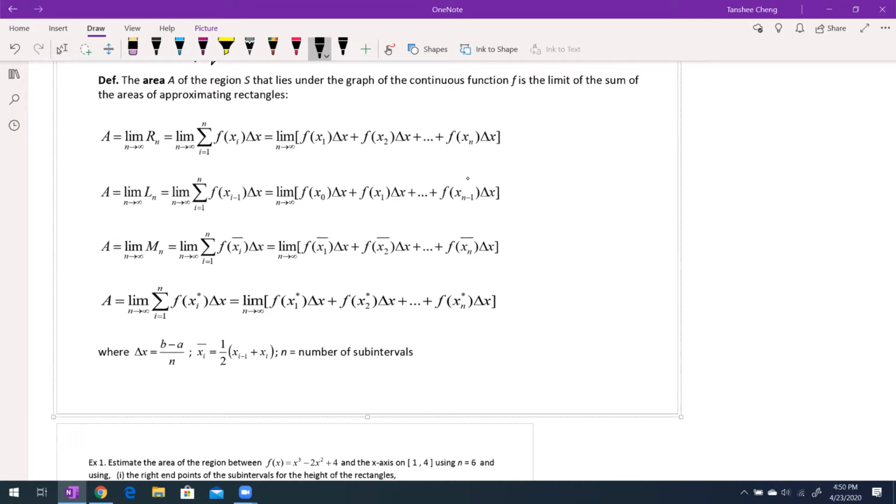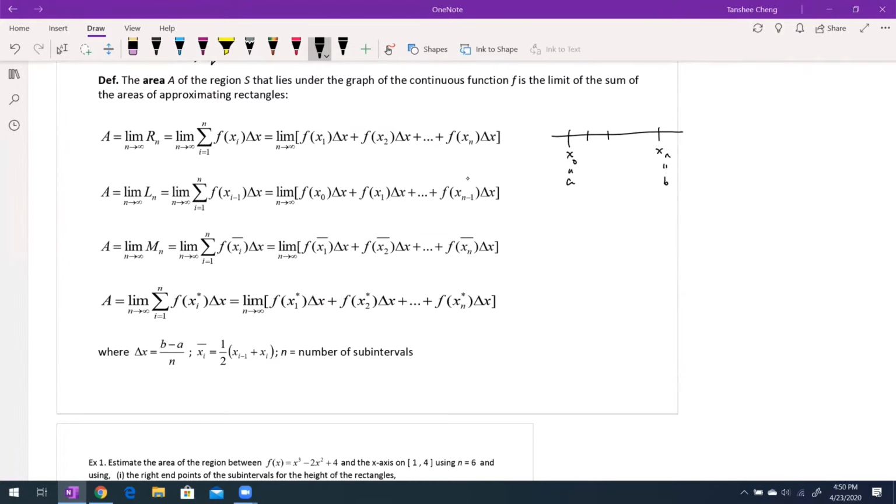This is the part you have to pay attention to. If it is right endpoint approximation, that means if you have starting x of 0, that's your a, and x of n is the endpoint.